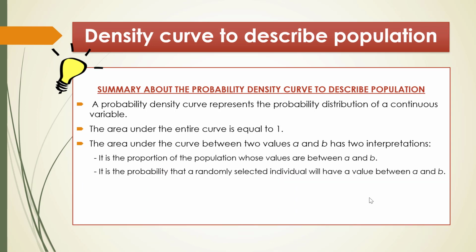The area under the curve between two values a and b has two interpretations. It is the proportion of the population whose values are between a and b. It is the probability that a randomly selected individual will have a value between a and b.